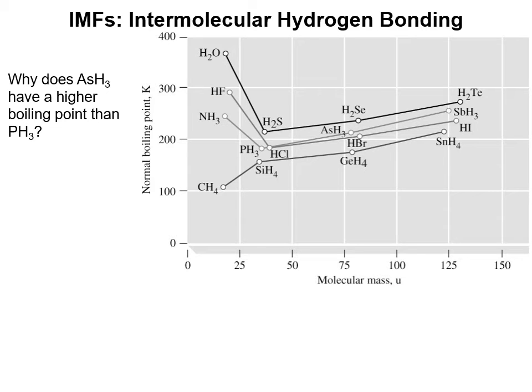Okay, let's take a look at a series of molecules, and we've got a graph here that shows the normal boiling point, that means at 1 atmosphere, versus the molecular mass. And the question is, why does AsH3 have a higher boiling point than PH3?